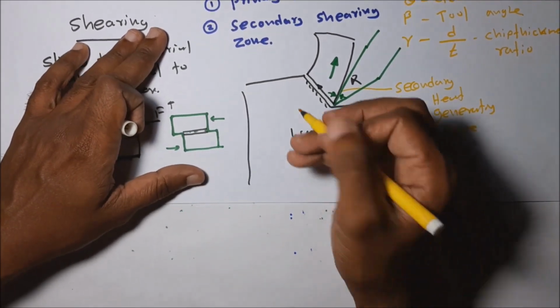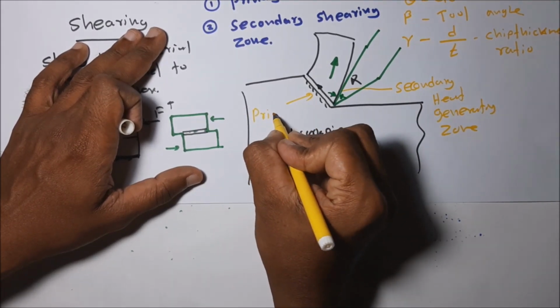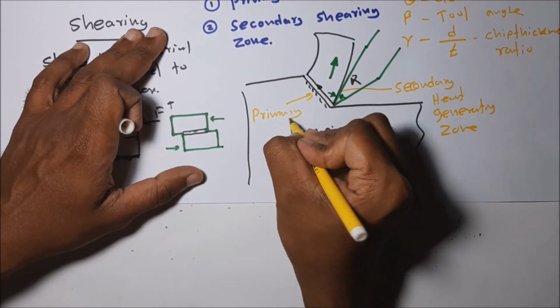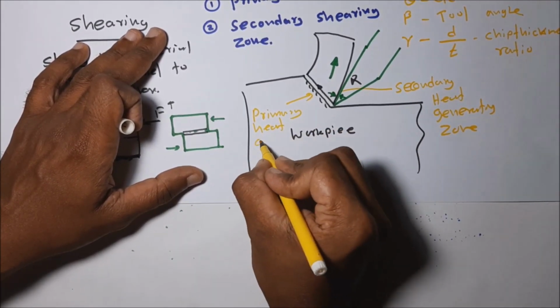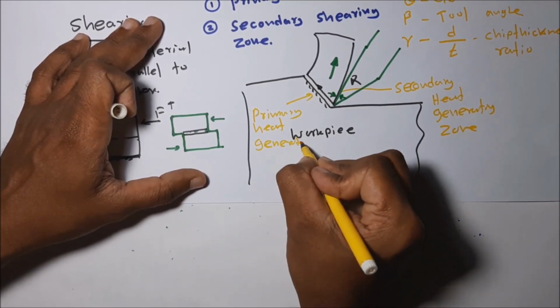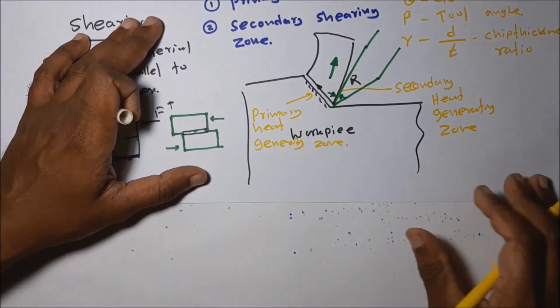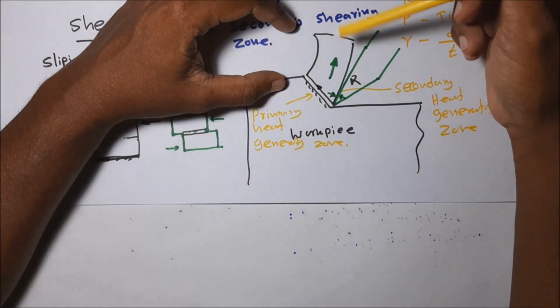This region is called the primary heat generating zone. Both are heat generating zones.